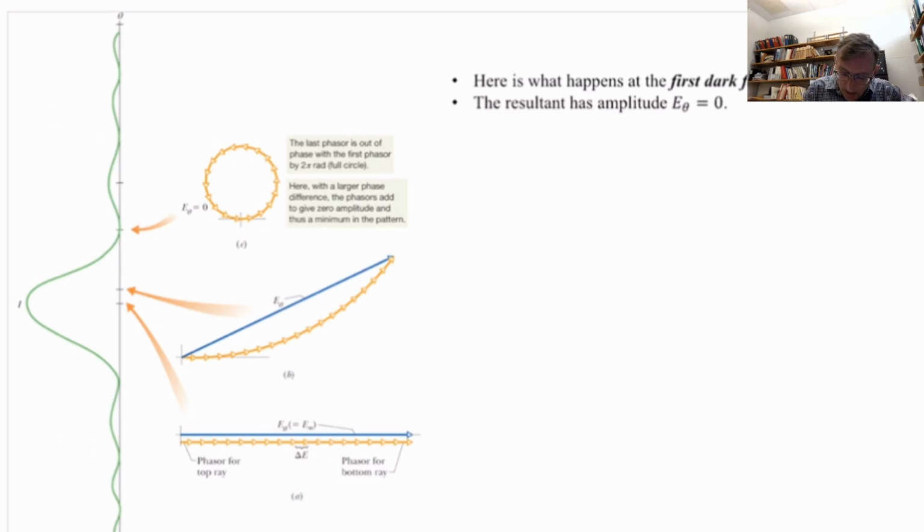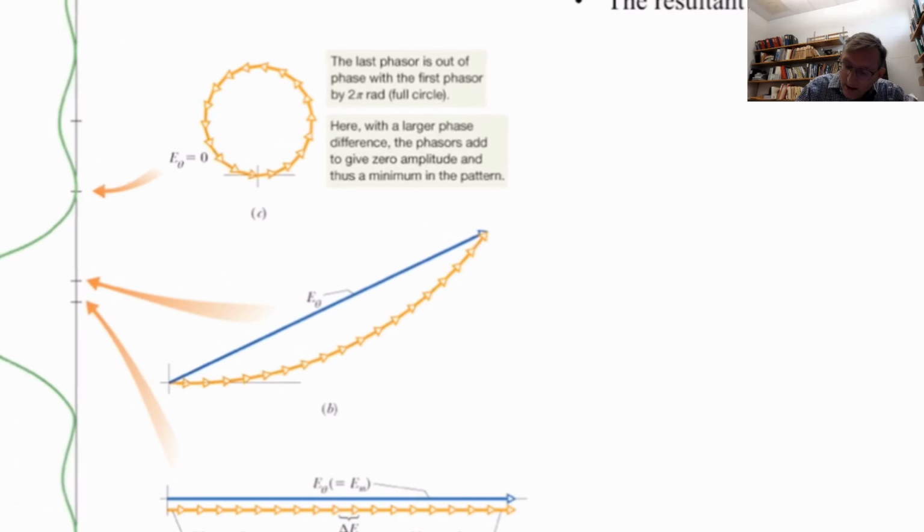Okay, so now let me zoom in. So now we draw the arrows such that the angle of each phasor between the one before it is larger than it was before. And so you're really getting a lot of curvature of this chain of phasors. In fact, the curvature of each successive phasor is just the right amount that when you add up all n of them, all the way around, you end up exactly back where you started.